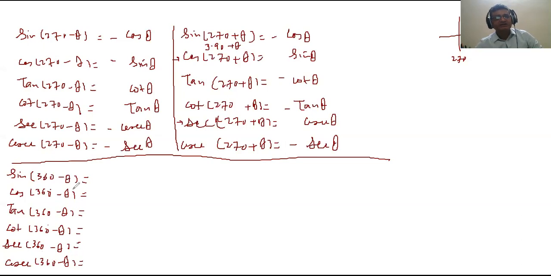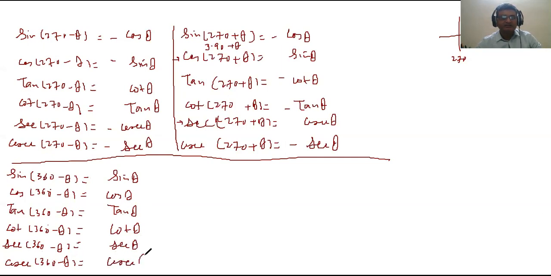So now it is again in the fourth quadrant, but it is an even multiple of 90 degrees. So sine will remain sine, cos will remain cos, tan will remain tan, cot will remain cot, sec will remain sec, and cosec will remain cosec. But in case of the fourth quadrant, cos and sec are positive, so the rest will become negative.